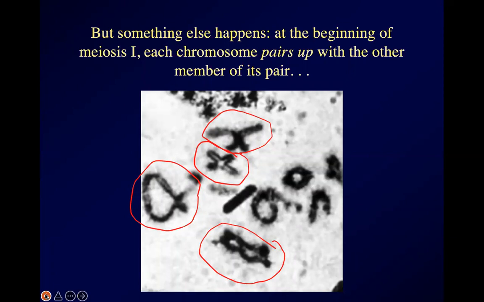Okay. In the case of somebody that's got 3 of one of the chromosomes, in some cases, the 3rd one is just left out, and meiosis happens, and the 3rd one doesn't pair up with anybody.